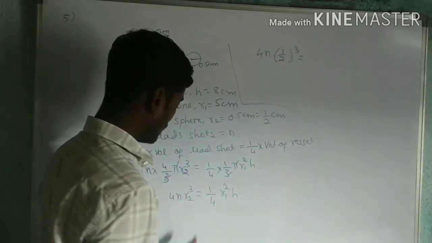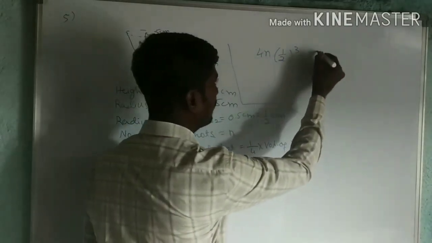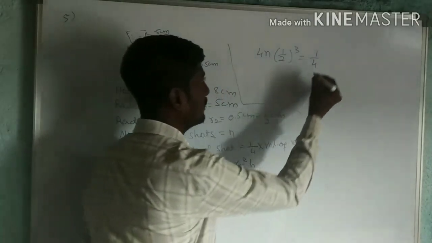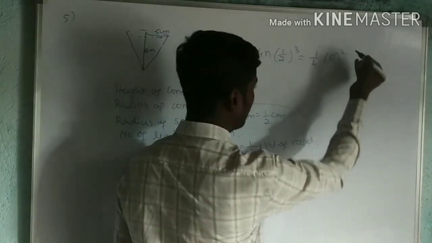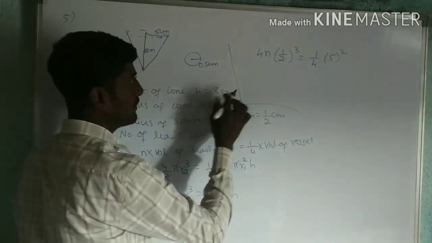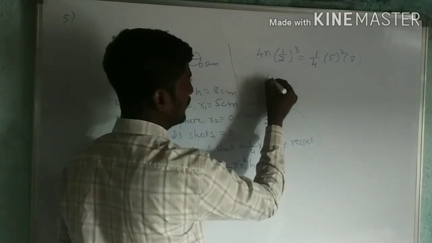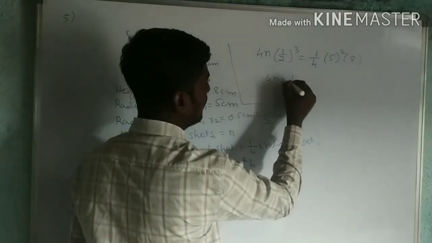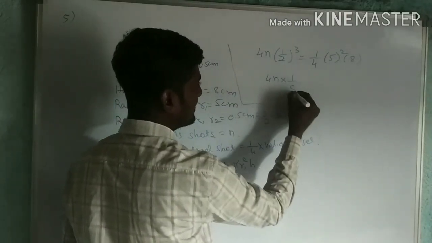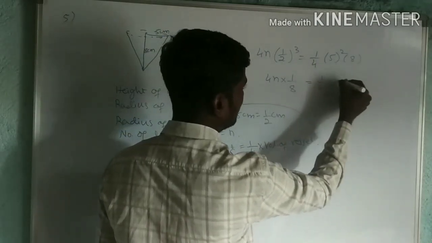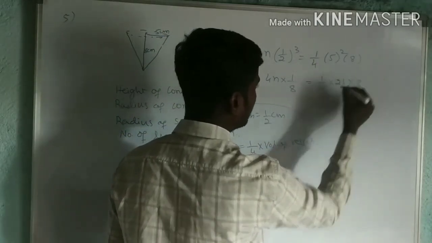R2 cube is equal to 1/4 into r1 square, where r1 is 5 square, into h, which is 8. We have to find n. So 4n into 1 divided by 2 cube, which is 8, equals 1/4 into 25 into 8.